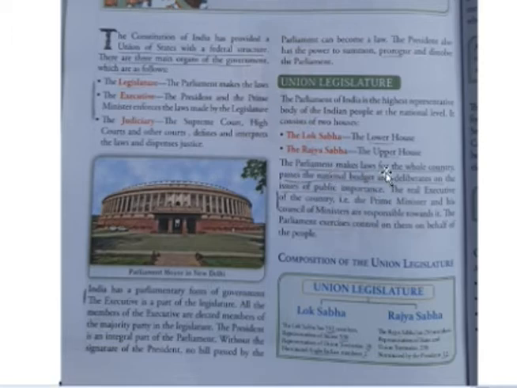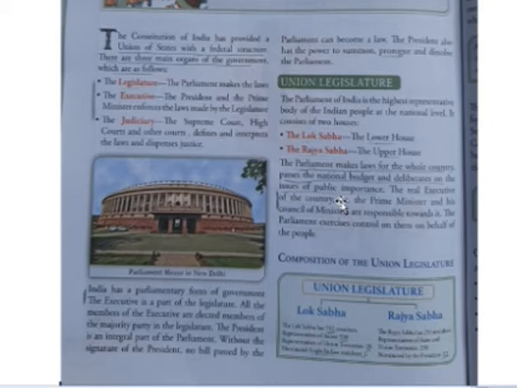The parliament makes laws for the whole country, passes the national budget and deliberates on the issues of public importance. Okay, so these are the main functions of the parliament. The real executive of the country, the prime minister and his council of ministers, are responsible towards it. So for its various functions, who's responsible?